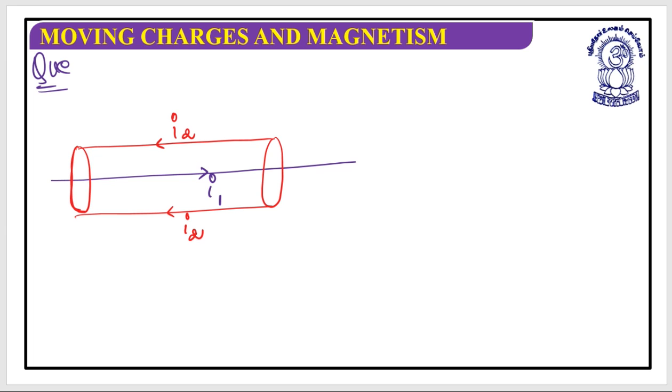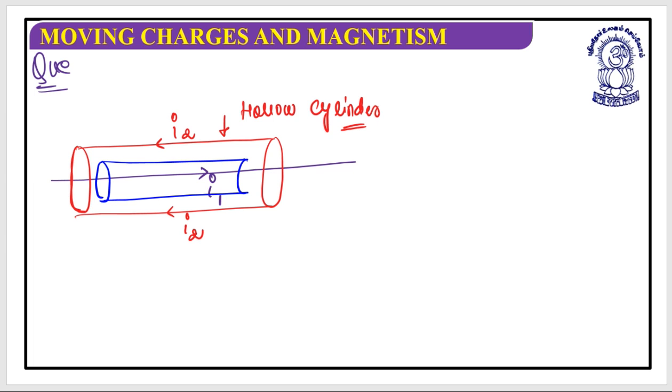Yes, this is the hollow cylinder. Yes, one more solid cylinder is there, and current through this is I3. Now from the axis, one of the points is there, and this point is at distance r.